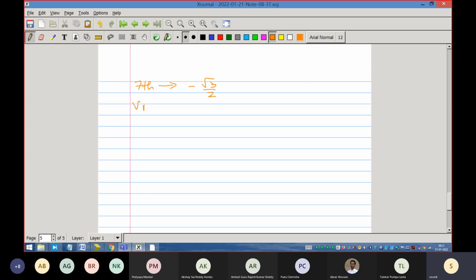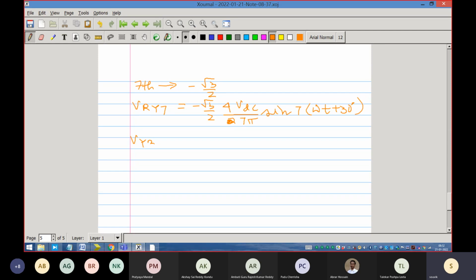So we'll write VRY7 is equal to minus √3/2, 4 into VDC by 7 pi. 2 twice I have done, and this √3 by 2 is included. So this into sine of 7 into omega t plus 30 degree, right?